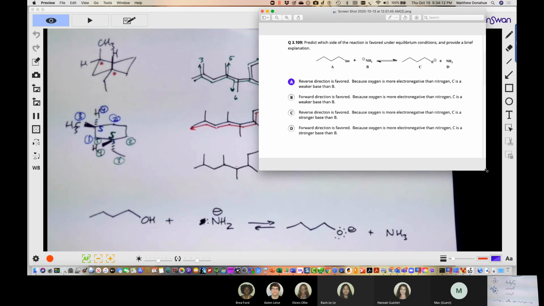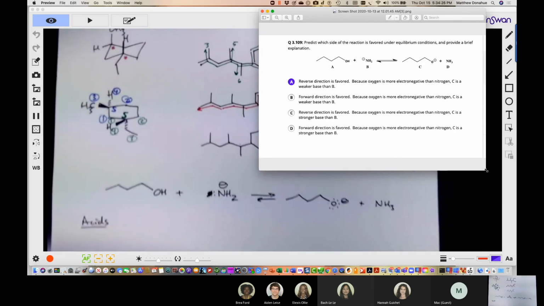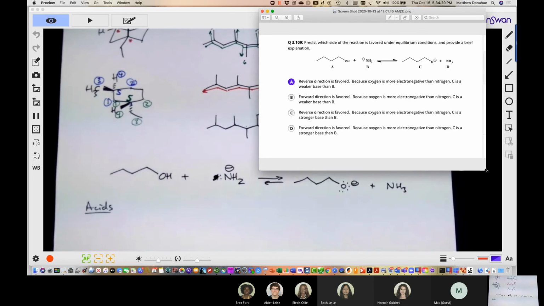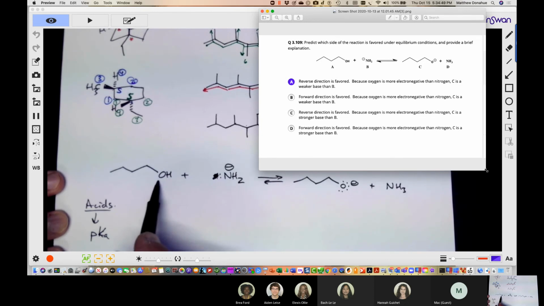But the logical way you look at this is, again, for organic chemistry, even though we're looking at acid-base reactions, a lot of organic chemistry is focusing on the acids, because we then use pKa values, as Hannah says in the chat. This is what we quantitate with. So on each side, you're looking at the acid. You have this acid, and you have this acid.